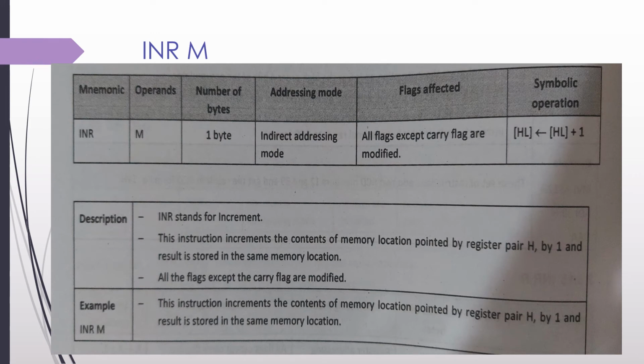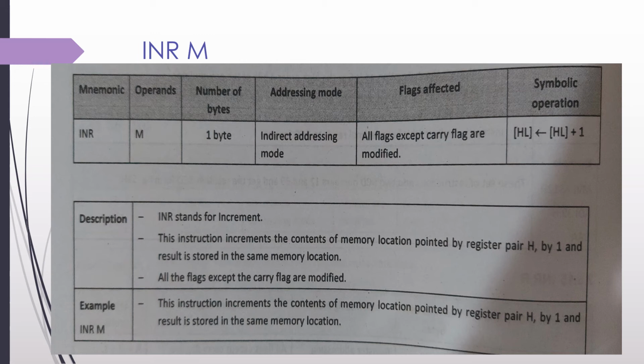Next is INR M. As there is M in the instruction, it means memory whose address is stored in HL pair of register. So whatever is the content at the mentioned address in the HL pair will be incremented by 1. For example, HL pair has 2050, and at 2050 the data is 05H. So after the execution of INR M, the content at 2050 will be 06H.